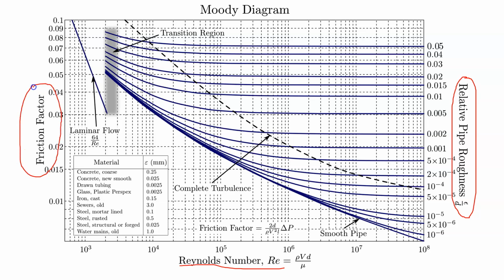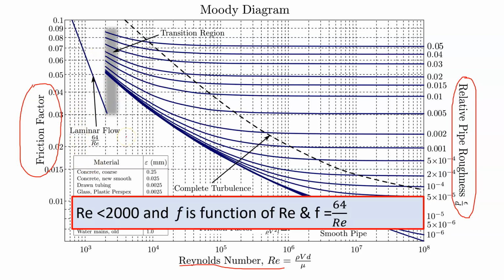So here, if I know the Reynolds number, different zones are there. The first zone is when the Reynolds number is less than 2000, and f is a function of Re, that is f is equal to 64 by Re.